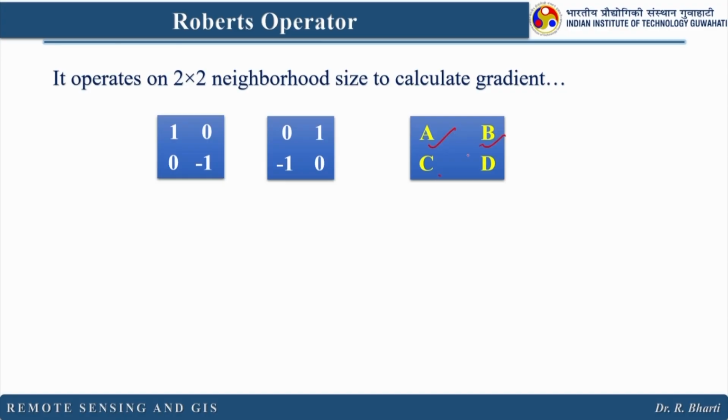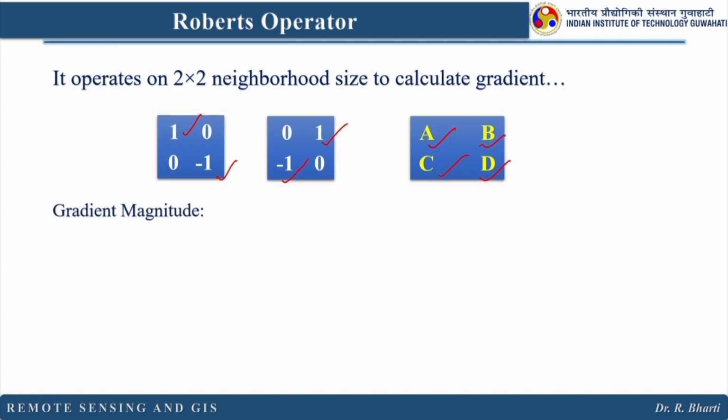Here A, B, C, D are the image pixels, right? And here we have the Roberts operator where in the diagonal direction it is 1 and minus 1. Again here it is 1 and minus 1. So this is the diagonal gradient, right?